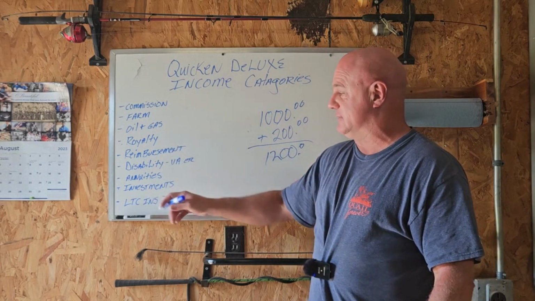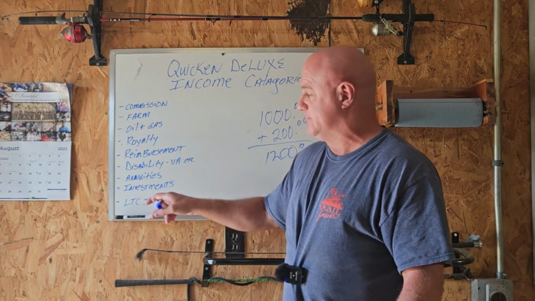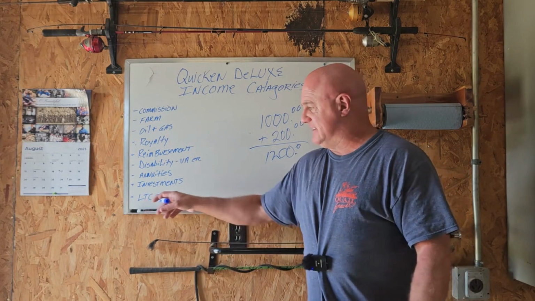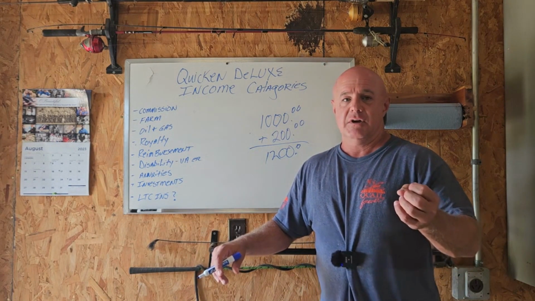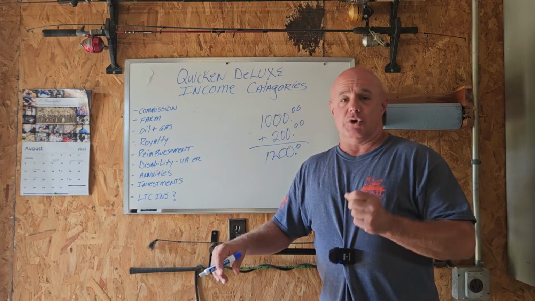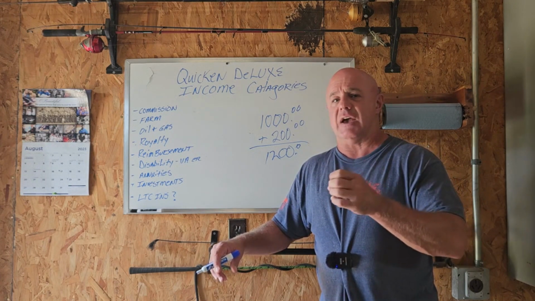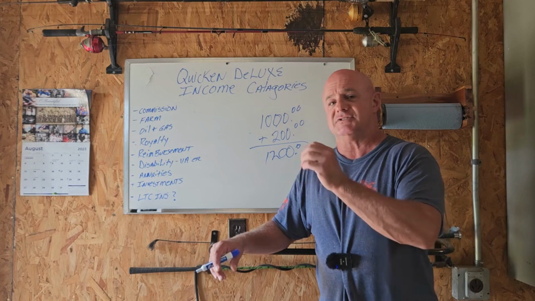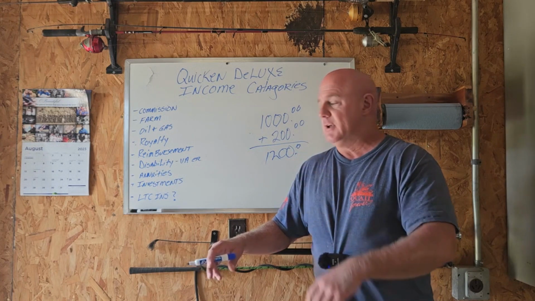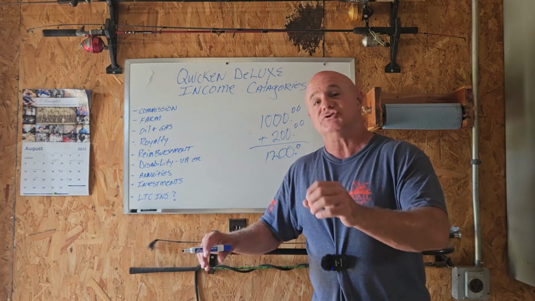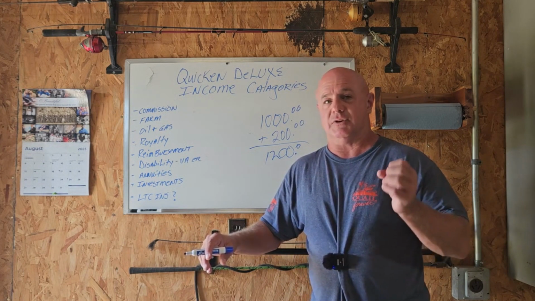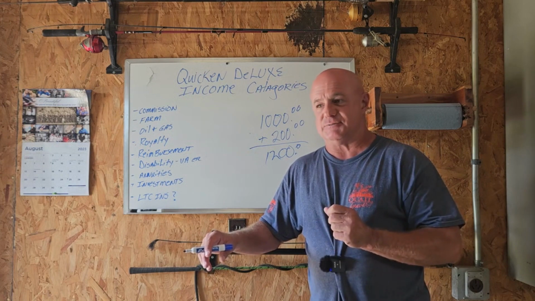And the very last one here is LTC insurance. That stands for long-term care. So if any of my viewers here, like M&J, have aged parents and you're having to deal with long-term care insurance and those types of payouts, that goes into this because, again, long-term care insurance payouts for nursing homes or anything like that is not a taxable event.